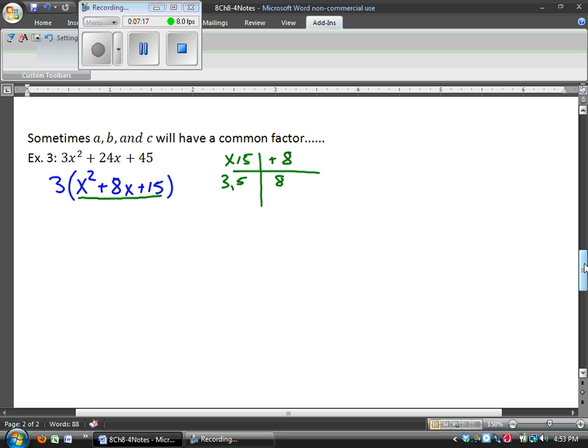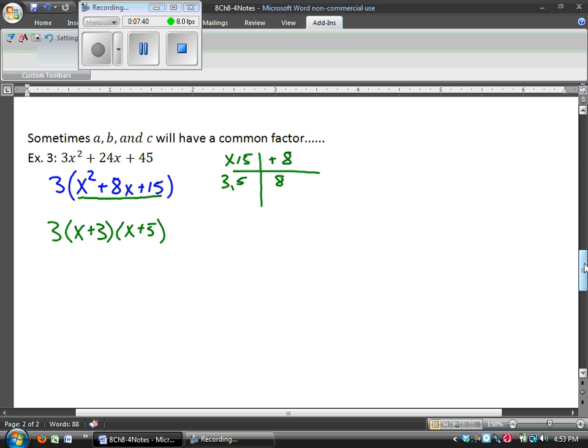So then I keep this 3 out front. You don't need a bracket. My mistake. Now I end up with x plus 3 and x plus 5.